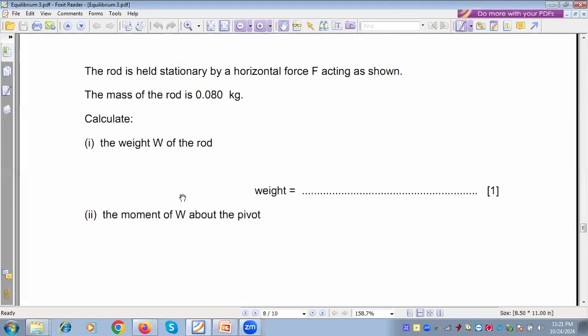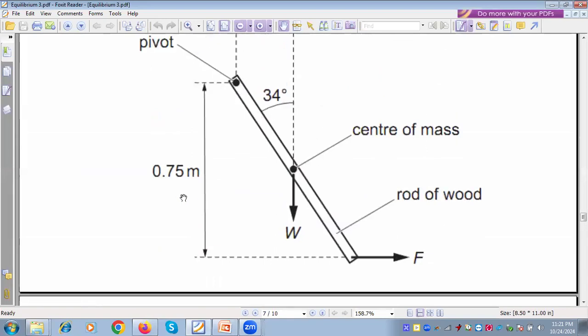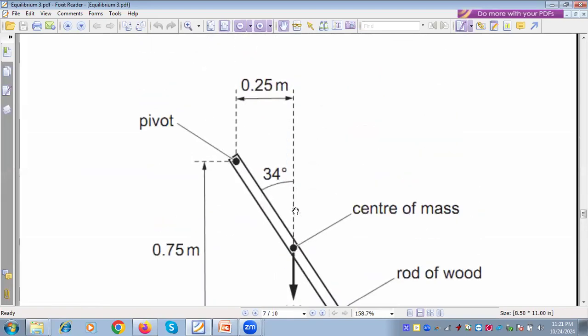Moment of W about the pivot. What is the perpendicular distance of W about the pivot? This distance is to be taken, this is the line of action of W. So the distance is 0.25.